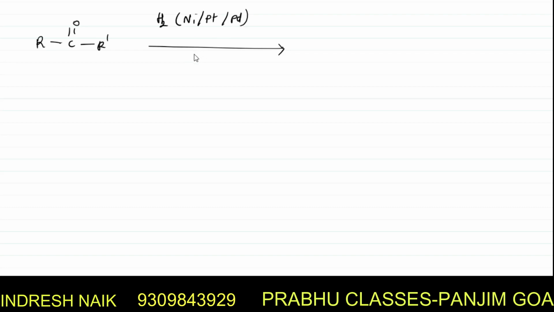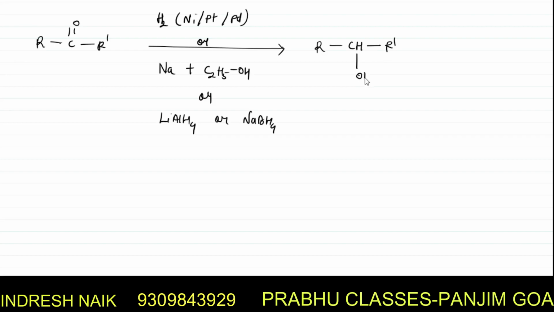This is one of the reducing agents we can use, or sodium with C2H5OH, or we can use lithium aluminum hydride or sodium borohydride. What you are going to get is a secondary alcohol, right? So this was the ketone which we started with.